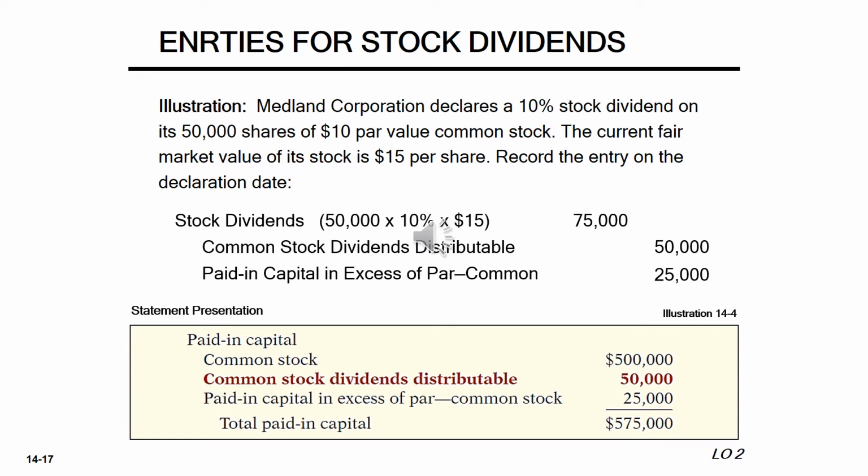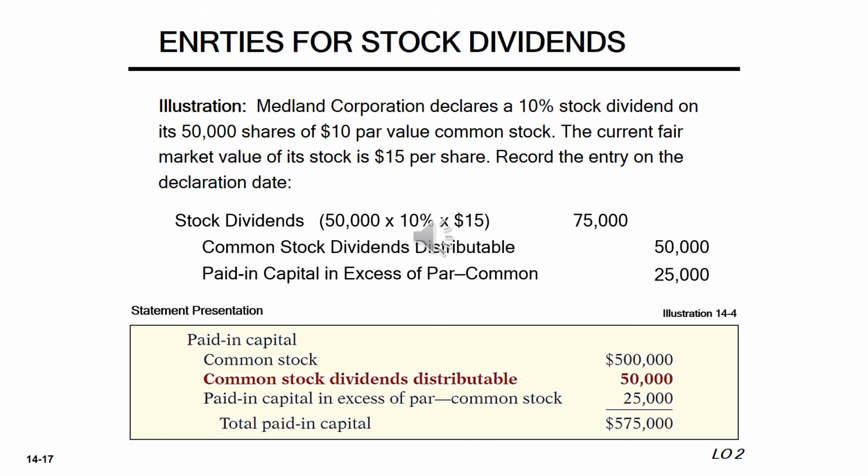Now this is going to be debited against a credit to common stock dividends distributable of $50,000 and paid in capital in excess of par for the common stock of $25,000. Now how did we calculate this? We calculate this by the number of shares times the difference between the par value of the stock and the current market price for the stock. So the paid in capital is going to be calculated as you can see in the statement presentation at the bottom.